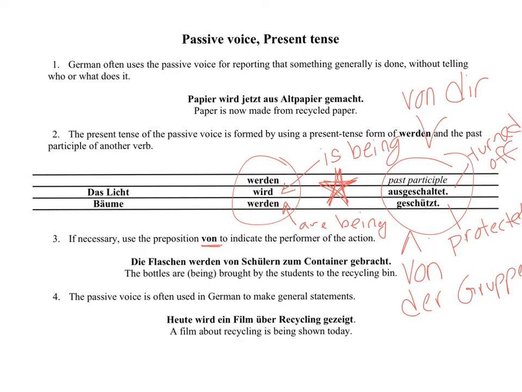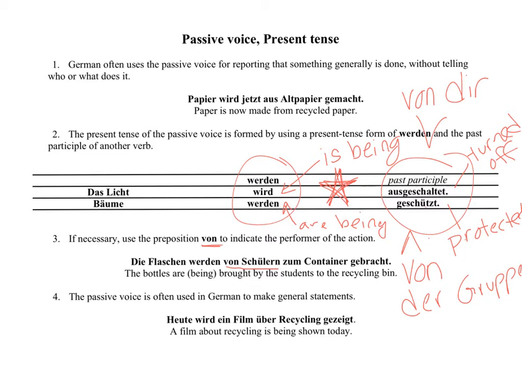Trees are being protected by the group. So the other example we have on our page using von, die Flaschen werden von Schülern, by students, zum Container gebracht. So the bottles are being brought to the recycling bin by the students.